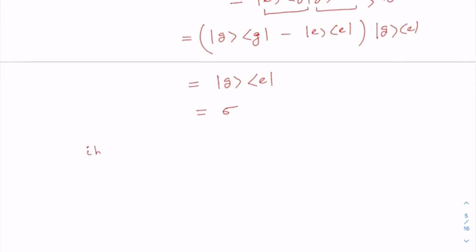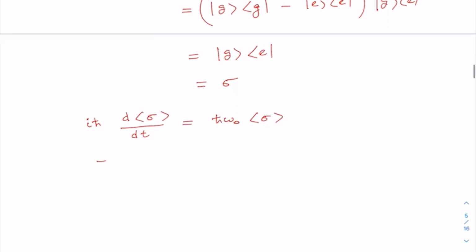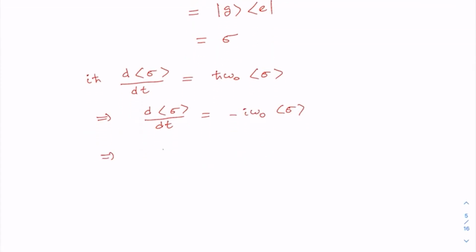So we have, if I take the expectation value, iħ dσ/dt equals ħω₀ times the expectation value of σ, and immediately you see that I have the equation dσ/dt equals −iω₀σ, and if you solve it, trivially you will get the time evolution of this atomic lowering operator as σ(0) e^(−iω₀t).